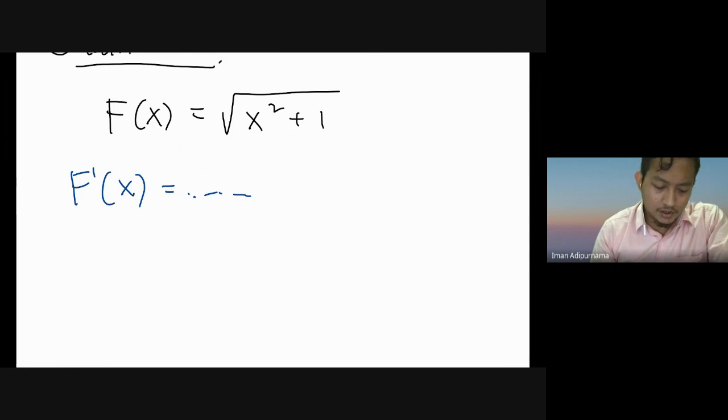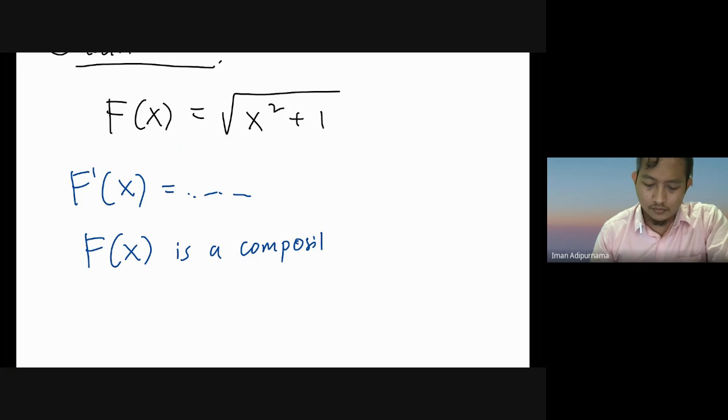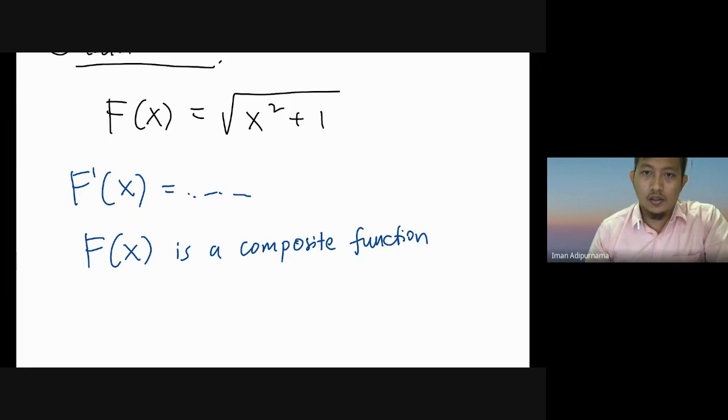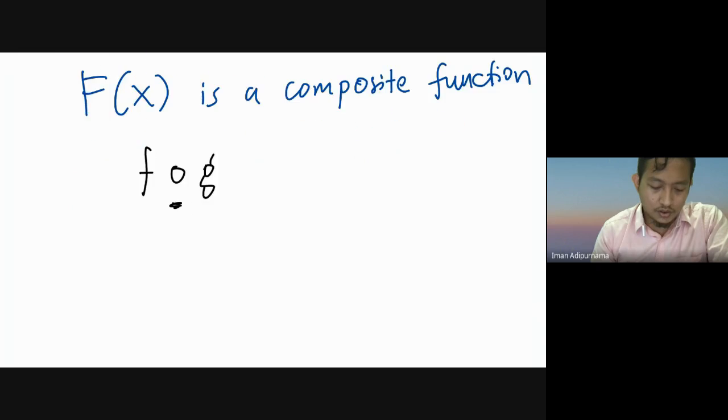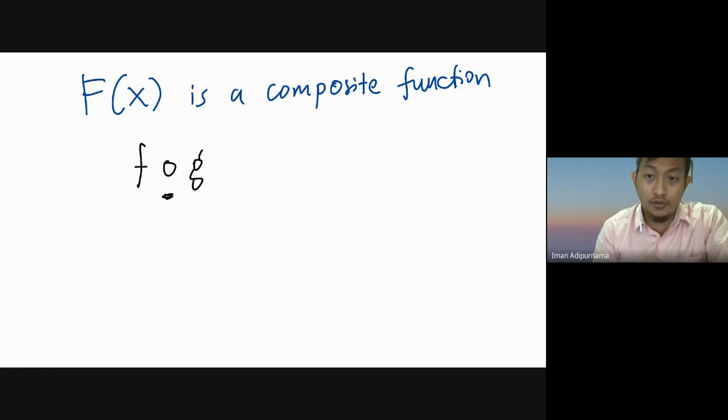That is because the f is actually a composite. If you remember composite, the term is f of g, right? This circle is not the letter O, it's like a circle. In LaTeX, if you know, you need to write circ.